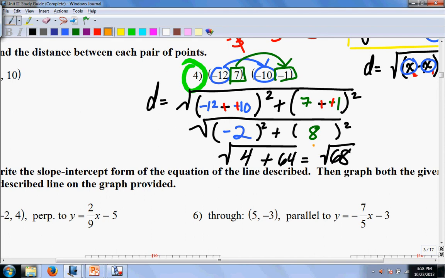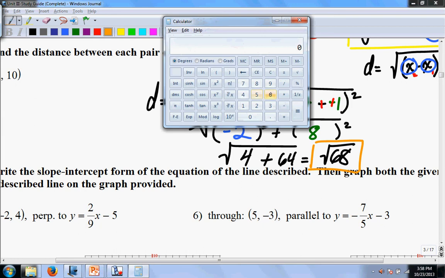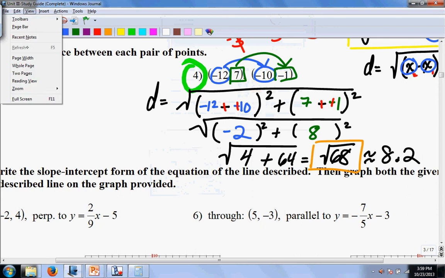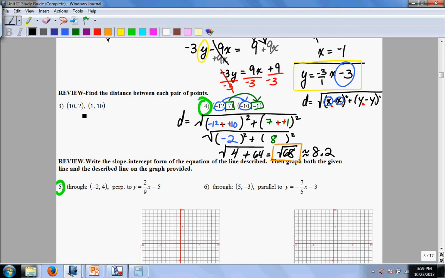If I want exact terms, or if the test asks for exact term, root 68 is fine. If it says you can have a decimal or round to the nearest tenth, you just do 68 and square root, and we get 8.2. So that's approximately 8.2. So it's very important when you work with the distance equation that you always write out the distance equation and then the template first thing.